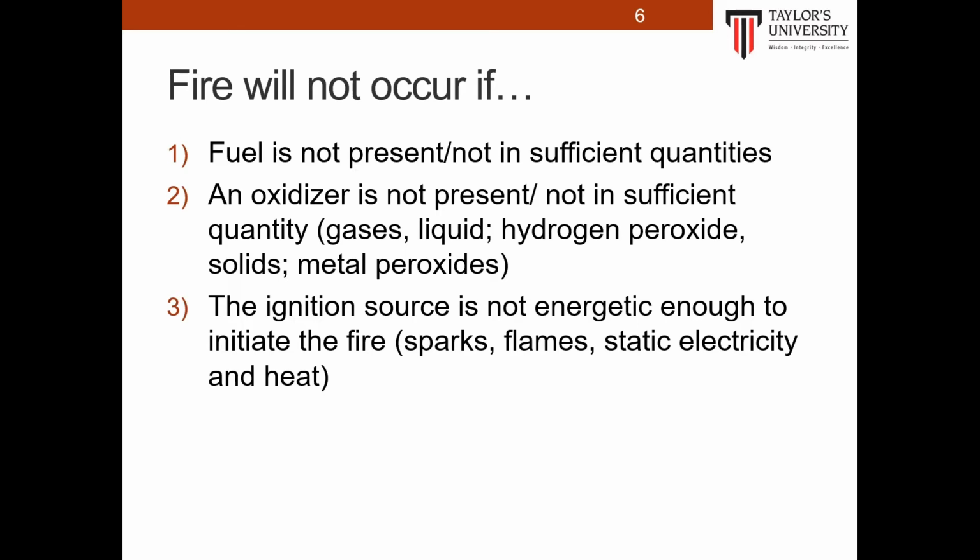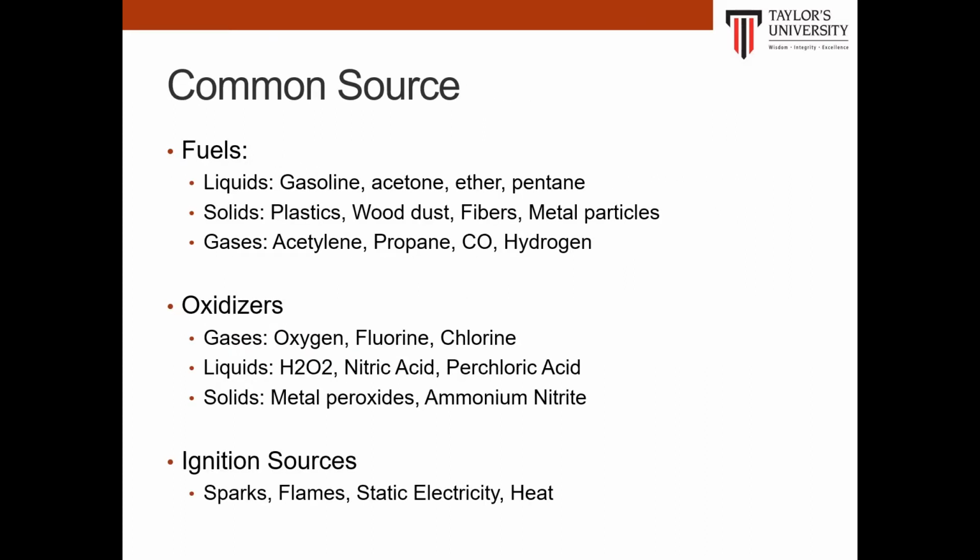This means that the fire will not happen when the fuel is not present or is not present in sufficient quantities, or an oxidizer is not present or is not present in sufficient quantities, or the ignition source is not energetic enough to initiate the fire. This slide lists the common sources of the various fuels, oxidizers, and ignition sources in terms of solid, liquid, and gaseous phase.